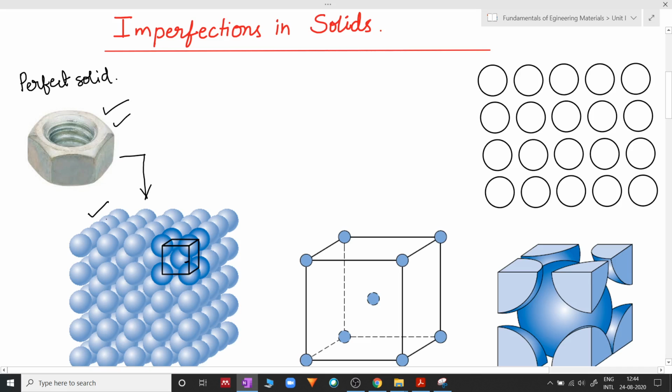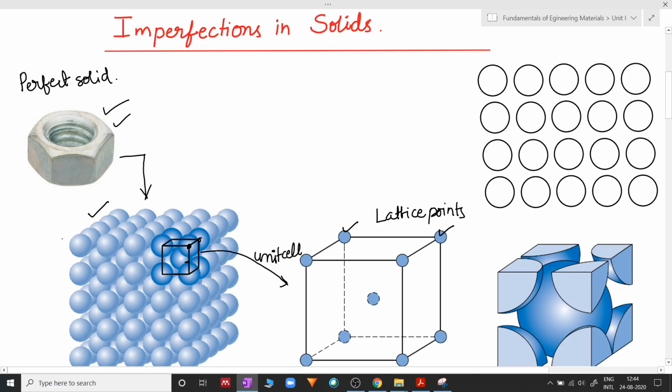Now if I join the centers of the atoms, like this cube, then this is called a unit cell, and these end points are called lattice points.